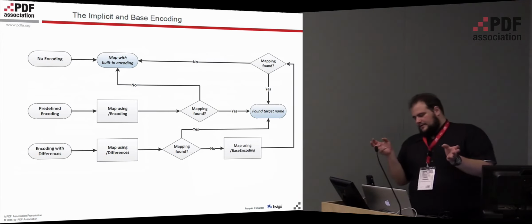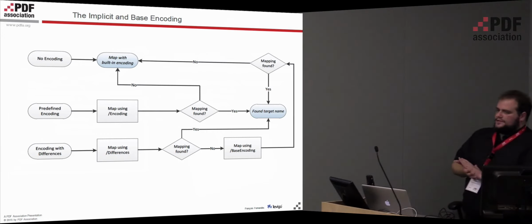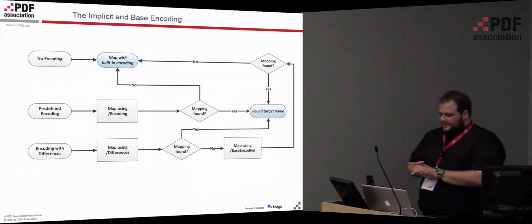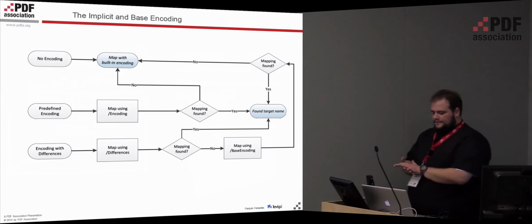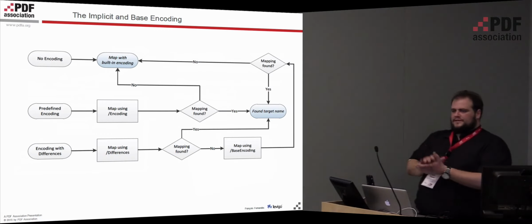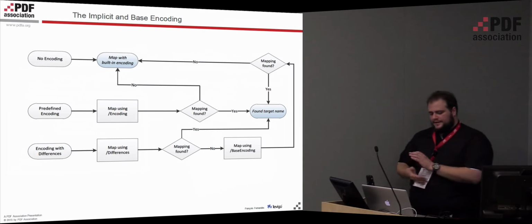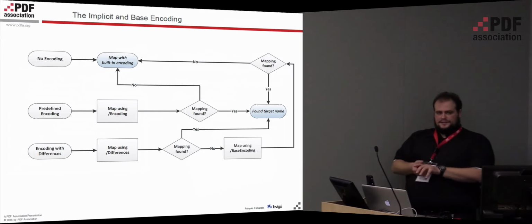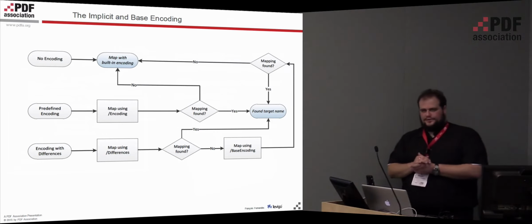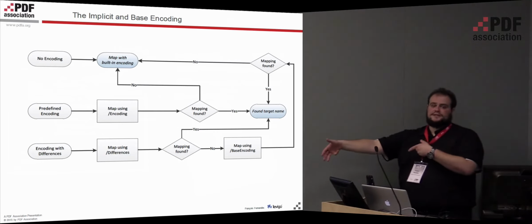And I've talked about the customized simple encoding. This is basically the so-called differences encoding. Here yet again, if we have some kind of match within the differences, all is good, we found a target name. If not, we have to use a base encoding. If there's no match there either, we have to use the built-in encoding. So we have basically 3 stages of fallbacks.